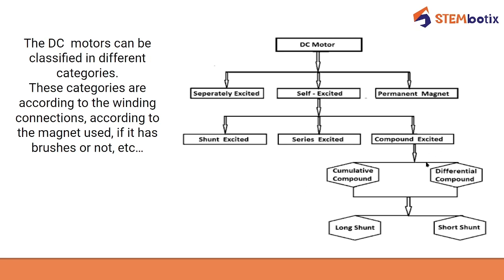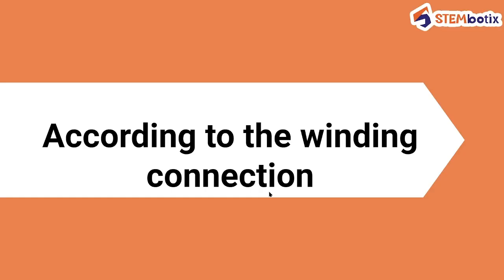Compound excited DC motors are further divided into two types: cumulative compound and differential compound. These cumulative and differential compound motors are further classified into long shunt and short shunt. So these are the types of DC motors.